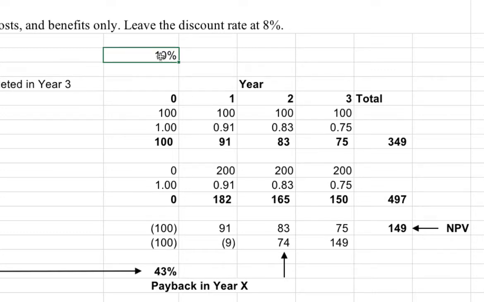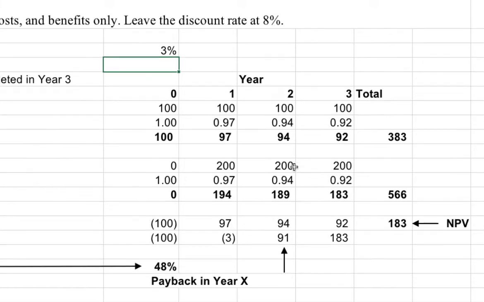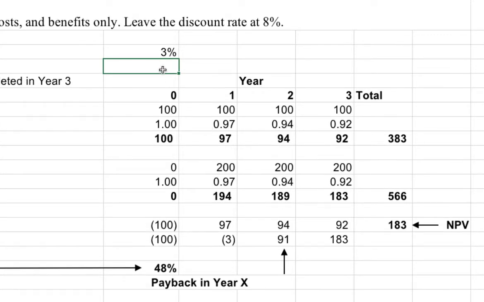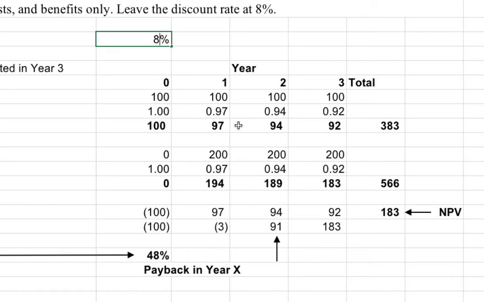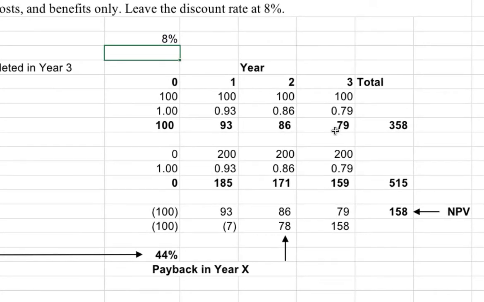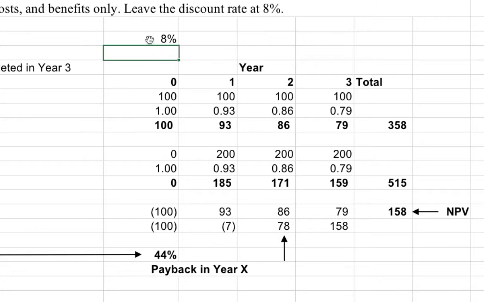So if I change it back to something really small, let's say 3%, the lower it goes, you'll notice the time value of the money is increased in both the cost and the benefits. So if I go back to 8% again, which is what we're going to use, those values change. So that's how this net present value is calculated.